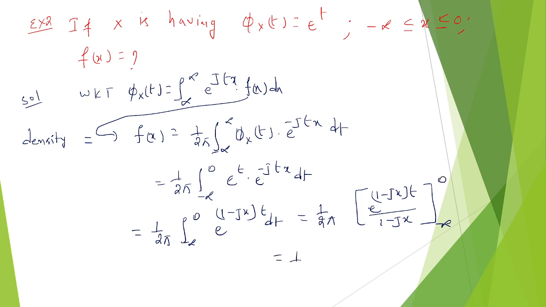So this equals 1 by 2 pi times 1 by 1 minus jx, minus e power minus infinity, which is 0.